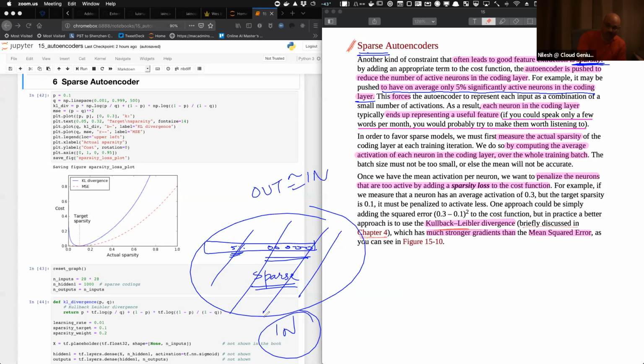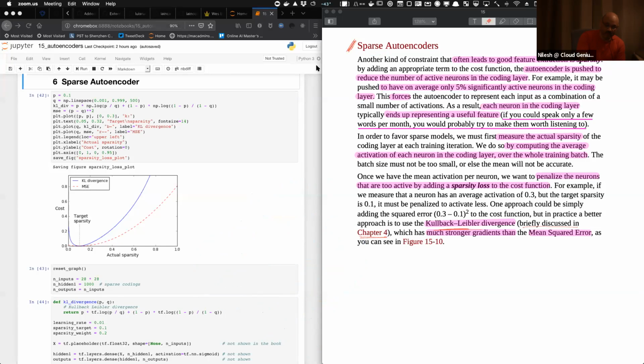That's the underlying idea. When talking about sparsity of neurons in the hidden layers, what we're really talking about is this: if you could speak only a few words per month, you would probably try to make the words worth listening to.